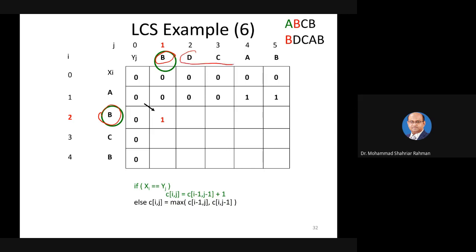For DCA, there is no match. So we compare this one with this one and take 1. Then again, we compare this one with this one, take 1. Then compare this one and this one. Okay, we take 1. And at the end, we have another match.